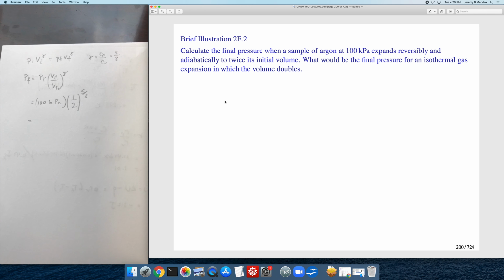So we'll take 0.5 times 100. And I just want to double check that. 5 divided by 3.